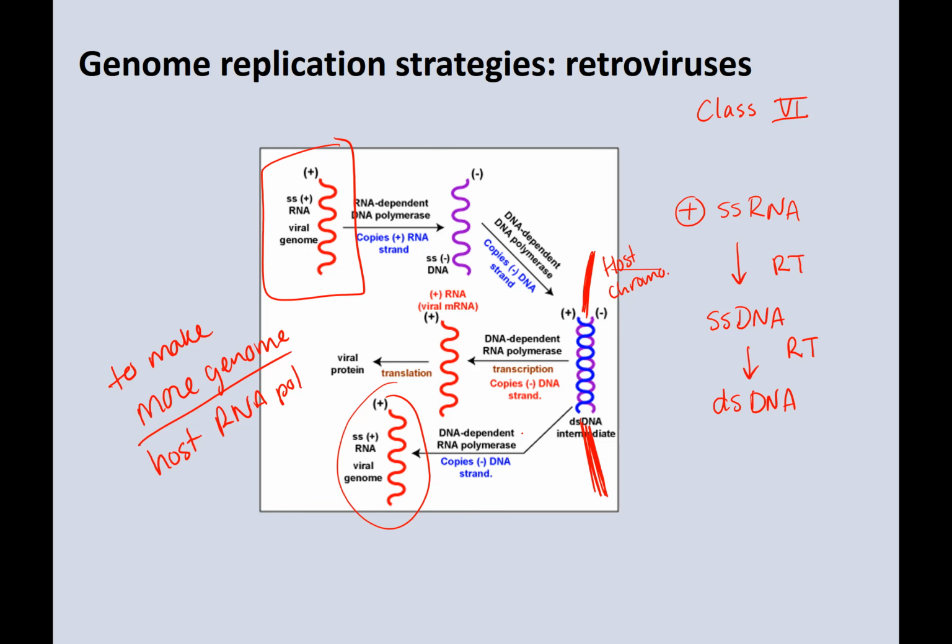Here you can see DNA-dependent RNA polymerase makes more viral genome, which then eventually gets packaged. So retroviruses are the weird ones. They go through a DNA intermediate, and then they eventually use the host proteins to make more positive-stranded, single-stranded RNA that's packaged into the new retroviruses.